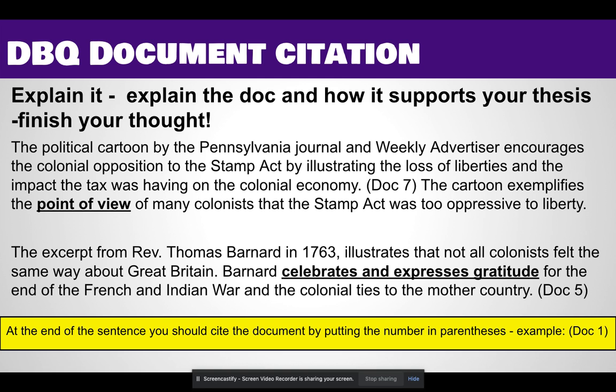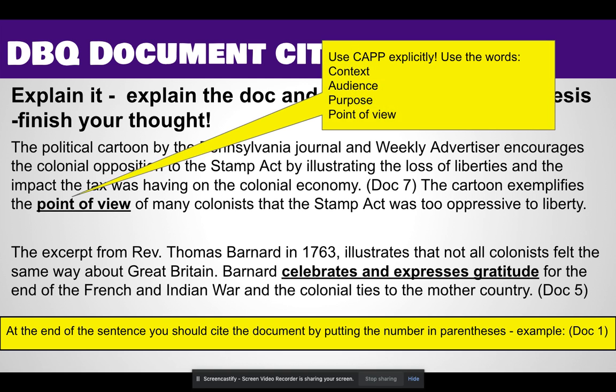Okay, now that you've paused and looked at this, let's talk about it a little bit. This is using CAP. This cartoon exemplifies the point of view. You can use the words point of view, purpose, audience, or context. Or if you are a more sophisticated writer, you can talk about those things using synonyms.